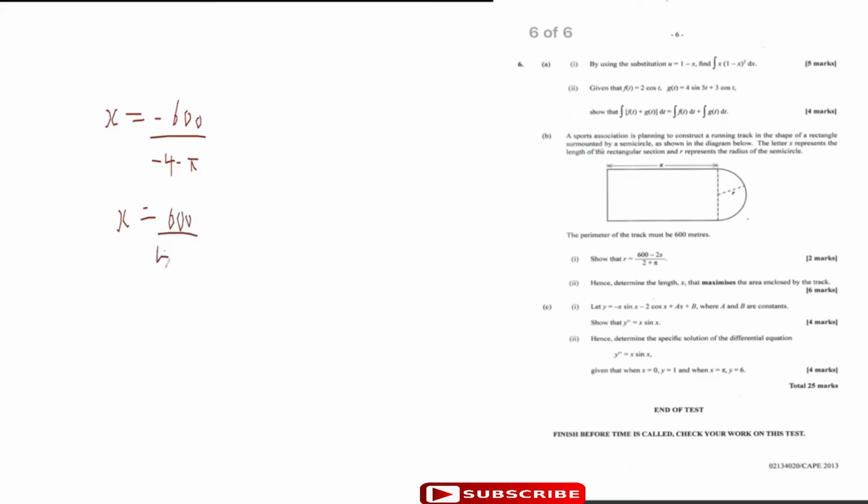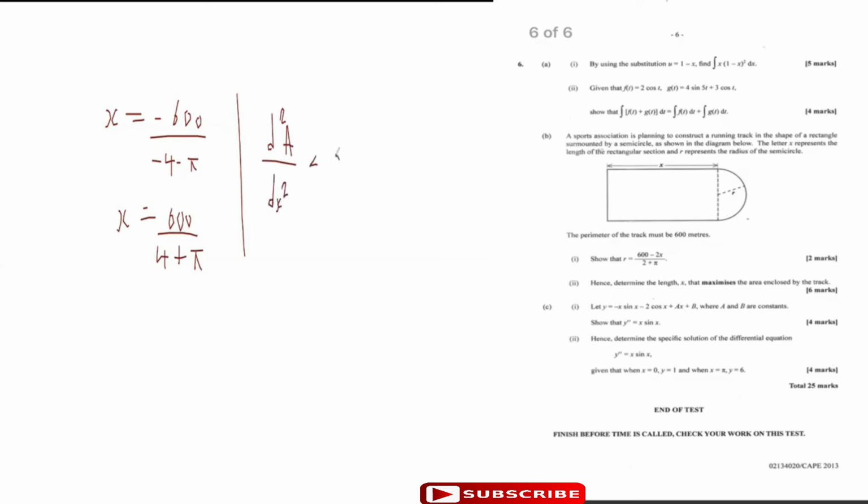That's the value for x that maximizes the area. X is 600 over 4 plus pi. How do I know that? I know that because d2A by dx squared is automatically negative. d2A by dx squared for this x value is going to be less than 0.